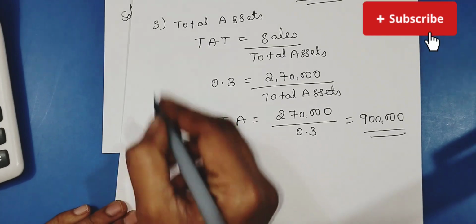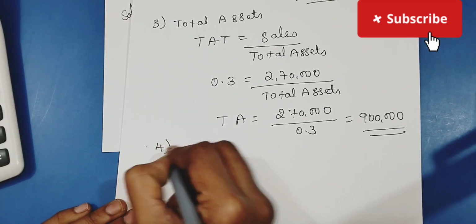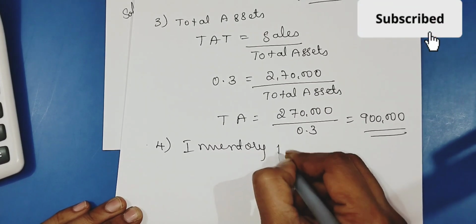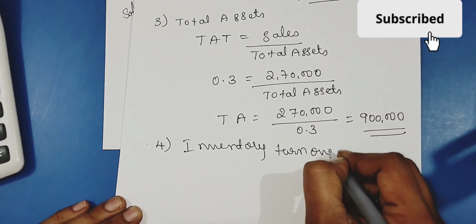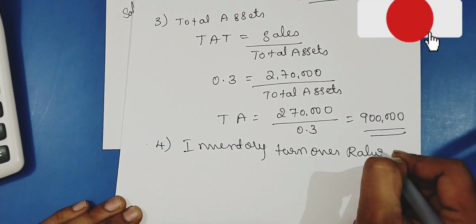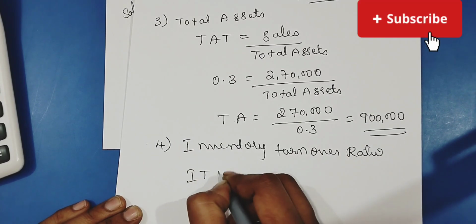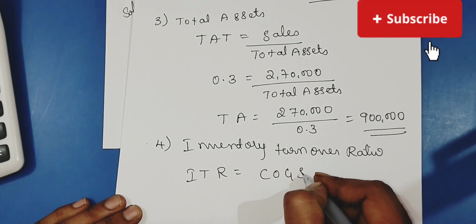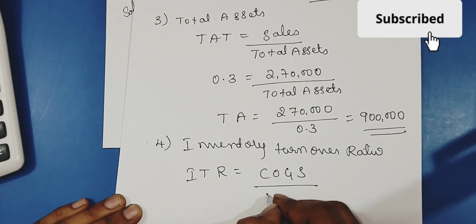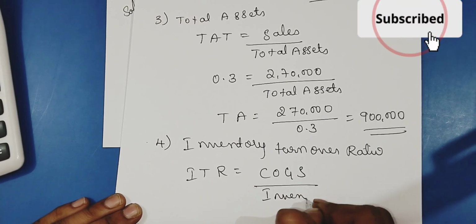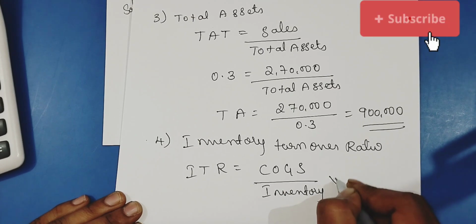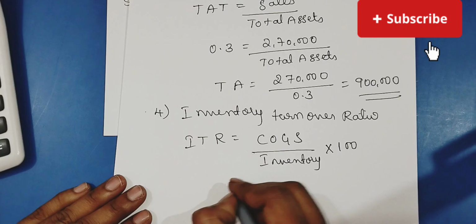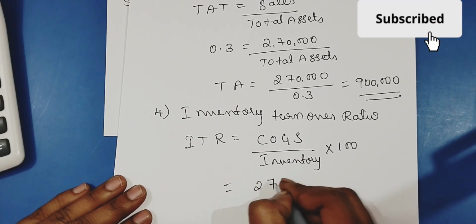Then inventory turnover. What is the formula for inventory turnover ratio? COGS, that is cost of goods sold, divided by inventory. Cost of goods sold, how will we find it? We have total sales.